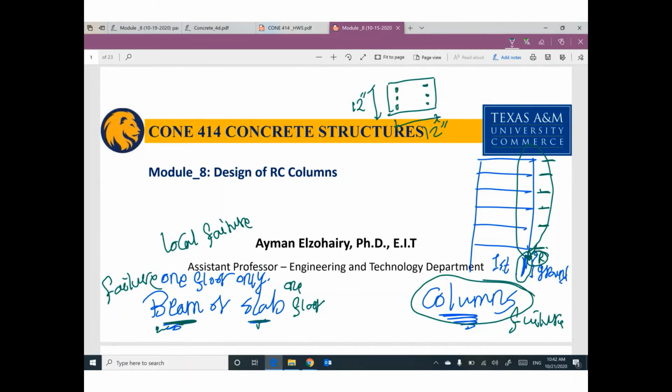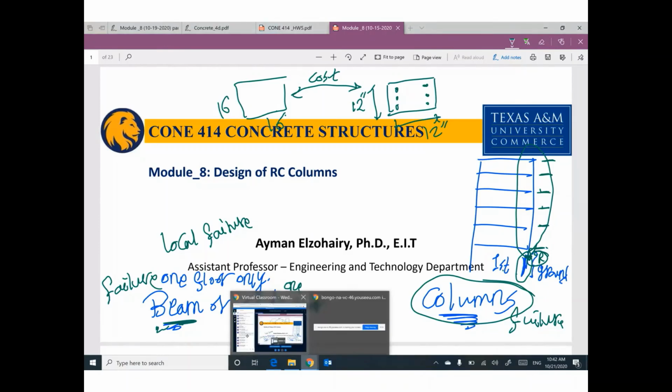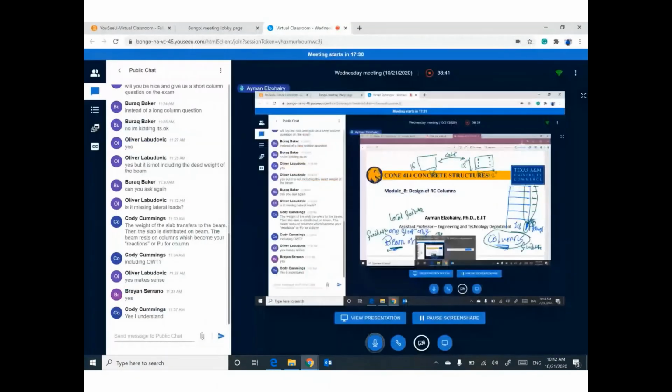The calculation gives you 12, okay, I'm going to make them 16 by 16. Believe me, the difference in cost is nothing. Cost of a column is nothing. But the factor of safety for a column is very, very important. So make sure the design of a column is critical.